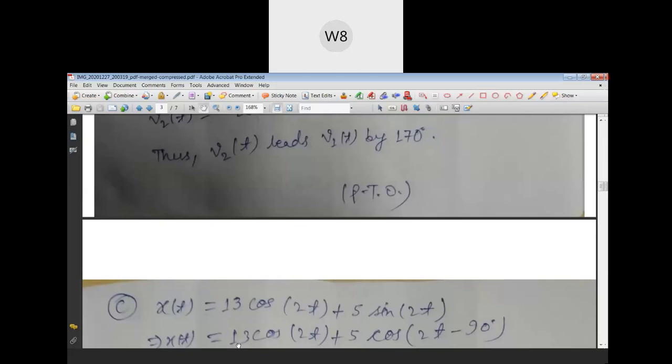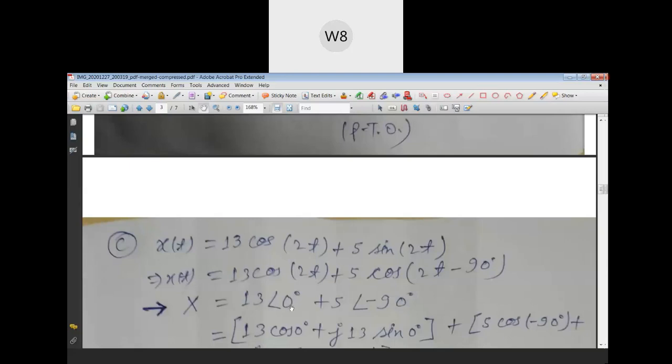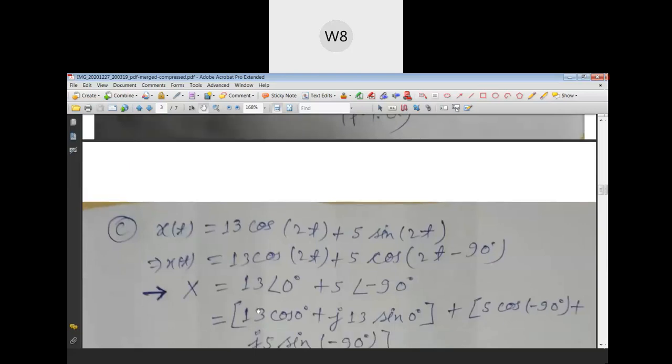So now you can see that xt is basically the sum of two phasors. First is with amplitude 12 and 0 phase. Second is with amplitude 5 but phase minus 90 degrees. So the net xt in phasor form is going to be the sum of those two phasors, and we know that those two phasors are basically complex numbers.